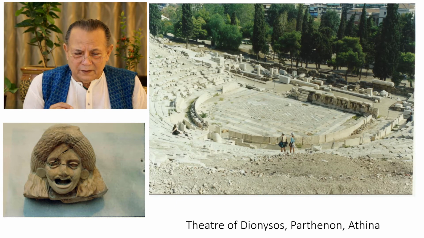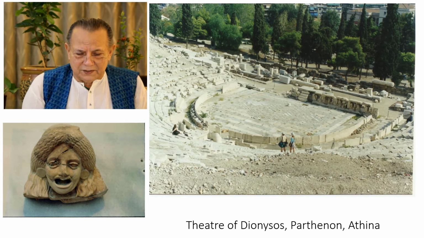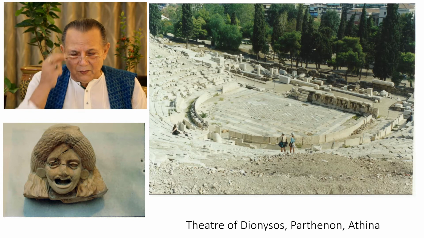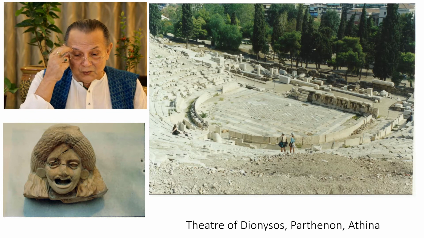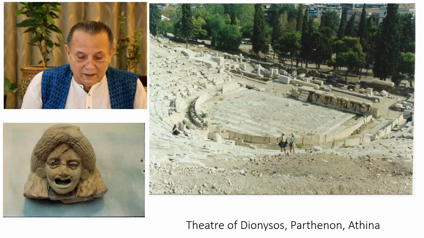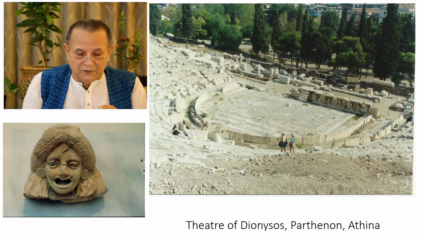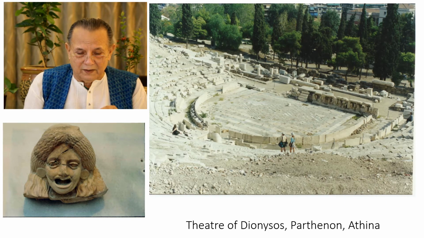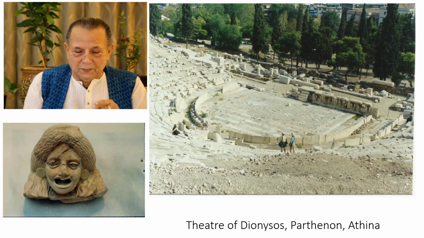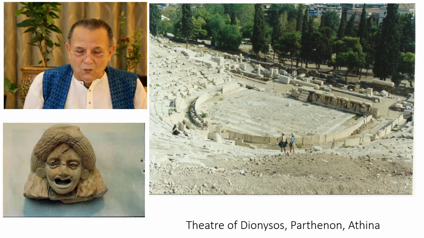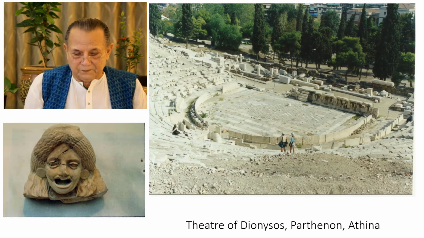Here, when a Greek would sit, let us say where you see this couple standing. Do you see this couple standing? If a Greek audience in ancient times, a man or a woman was sitting there and watching the performance, what would he or she see?